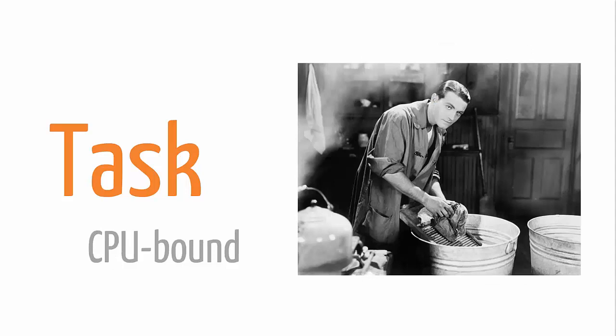So let's talk about CPU-bound tasks. A CPU-bound task can be compared to me doing the laundry manually. While I'm doing the laundry manually, scrubbing my clothes with some soap, I'm completely blocked. I cannot read the newspaper or do something else in the meantime. No matter whether the task is I/O bound or CPU bound, threads are the workers responsible for getting tasks done that are currently scheduled on the current task scheduler.